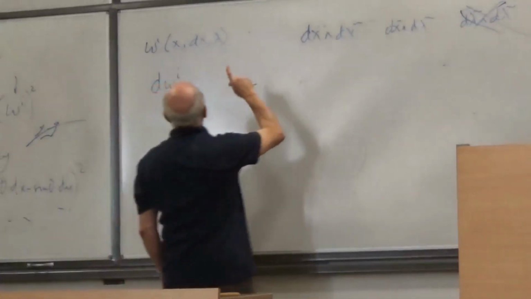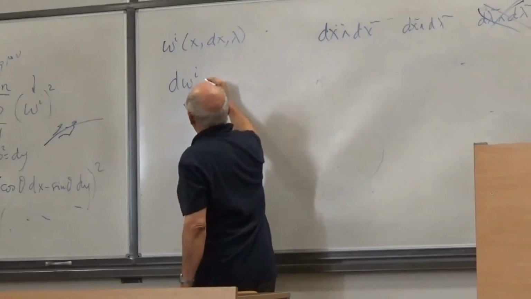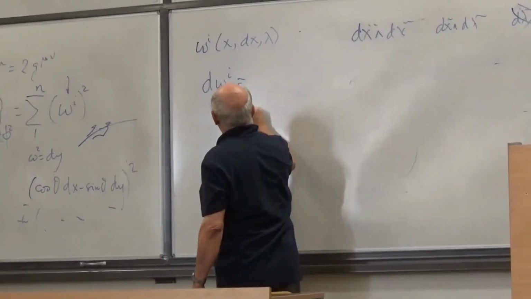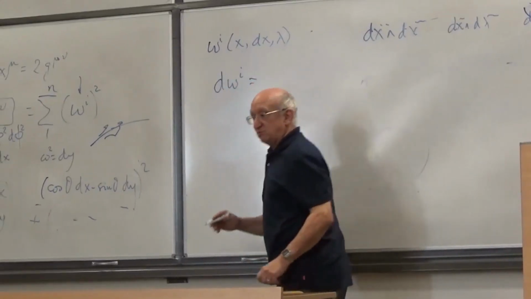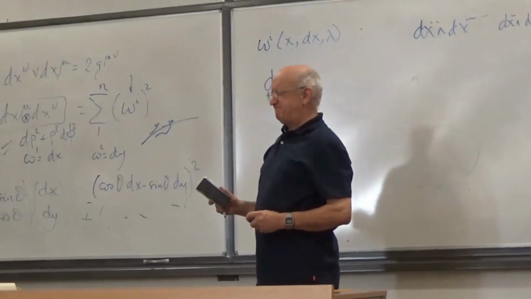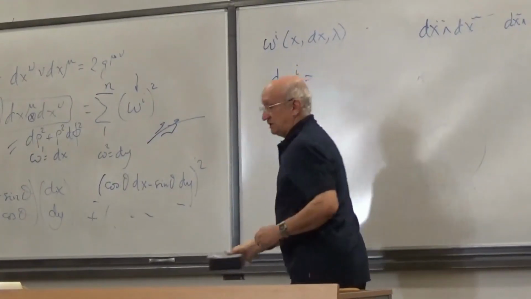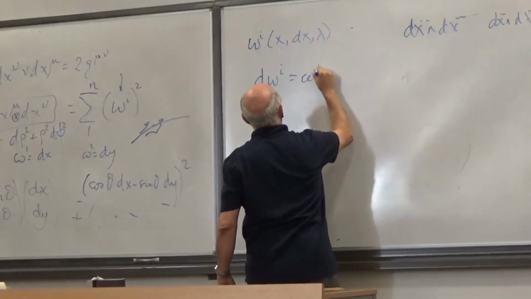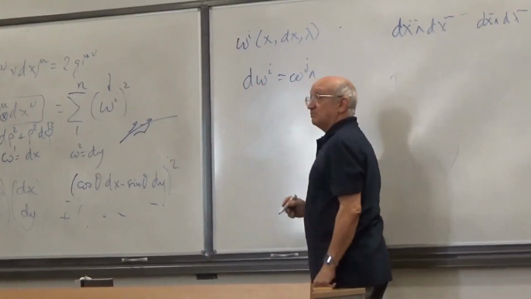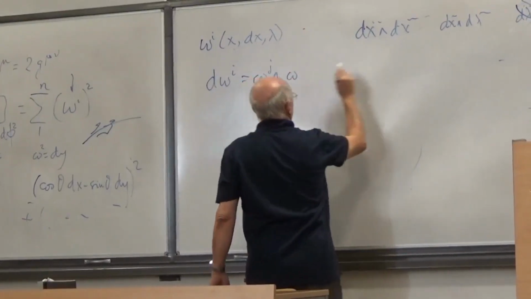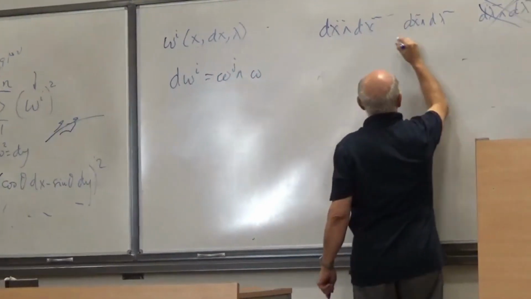Instead of writing here the exterior differential forms, one forms which depend on the system, I'm going to use the omegas, which are one forms, and form a linear combination, paying attention to the details.